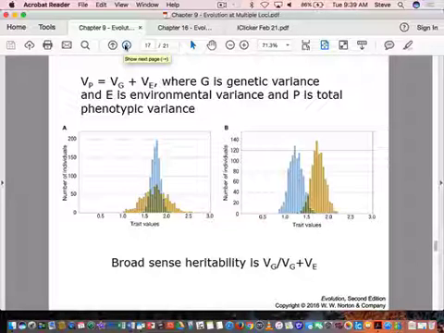One is G and one is E, where G is the genetic variance and E is the environmental variance, and P is the total phenotypic variance. So the total phenotypic variance in any quantitative trait in a population has two components: a genetic component and an environmental component.